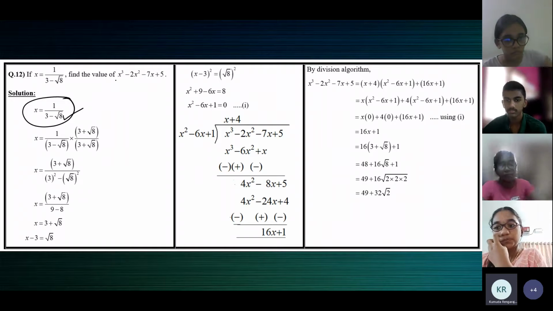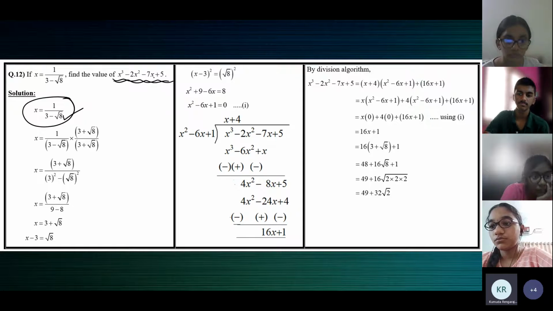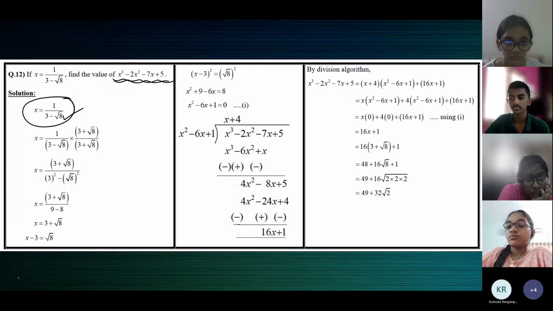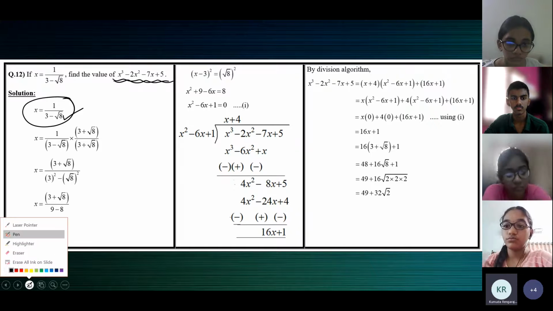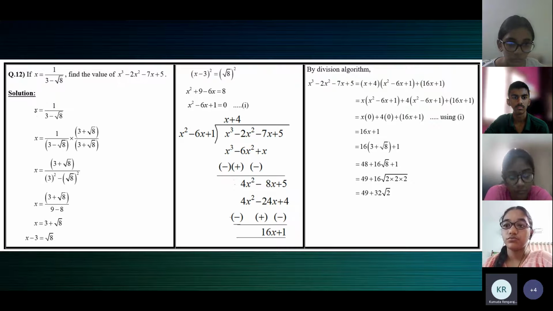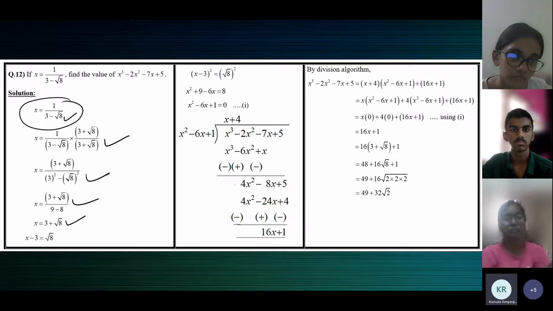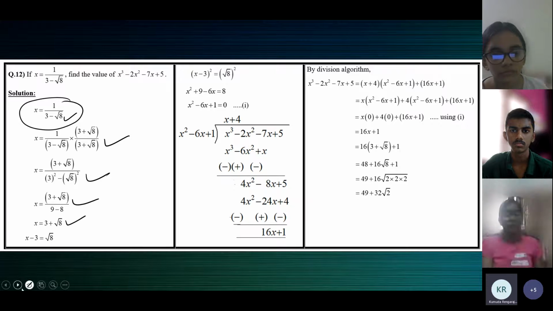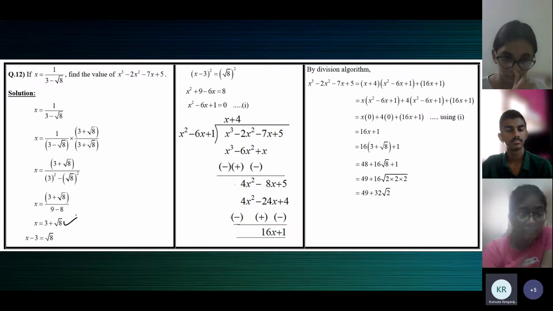So next step, whatever be the question, whatever has to be found, irrespective of that, you have to rationalize the denominator. It's not like for this question you should rationalize, for some other question you don't have to. Always x is this, the denominator is irrational, so the next step is to rationalize the denominator. So you can see those steps here. So x is equal to 3 plus root 8. Till here understood, children? Fine.